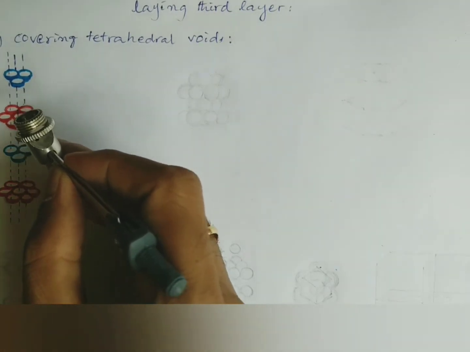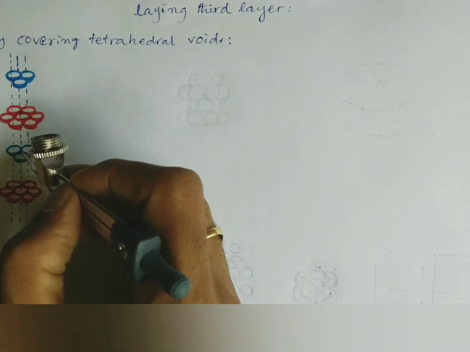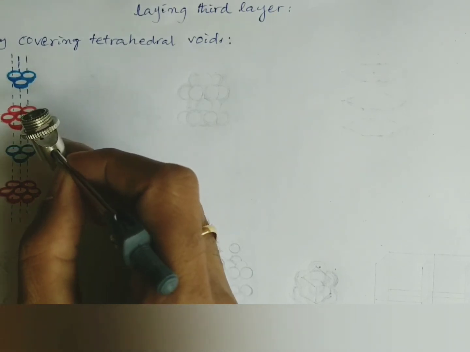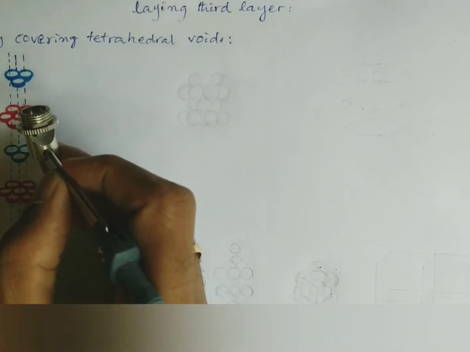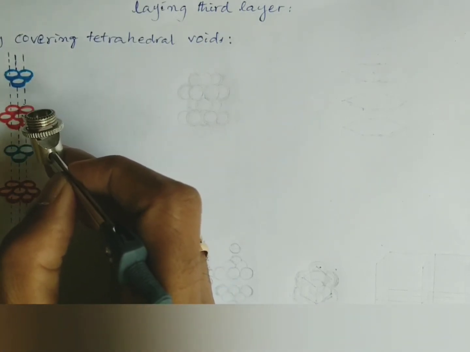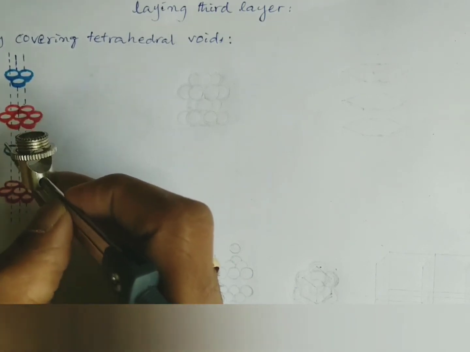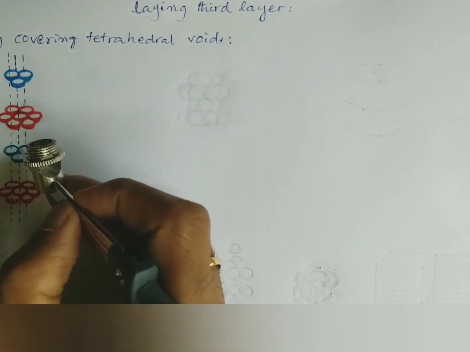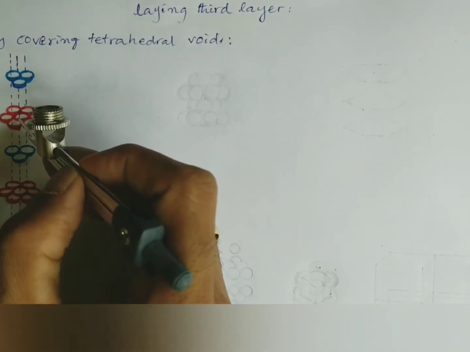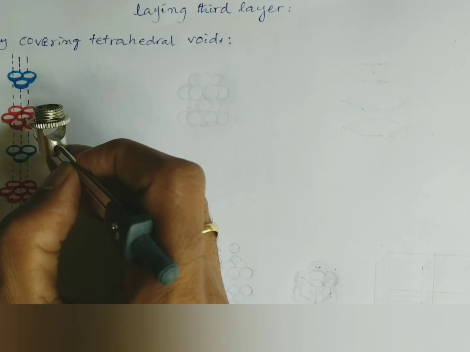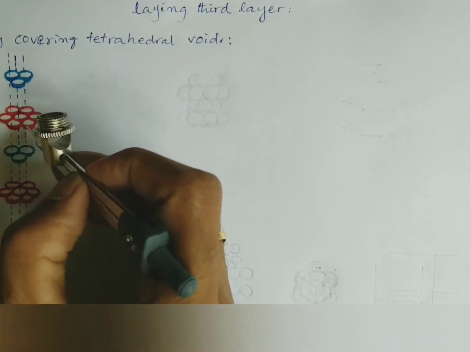Now if you place one more atom in the tetrahedral void here in the third layer like this, then the third layer of atoms will be created. So this is actually placed in the tetrahedral void created by the second and first layer of atoms. So when this atom is placed, then 6 more atoms can be placed around it like this.